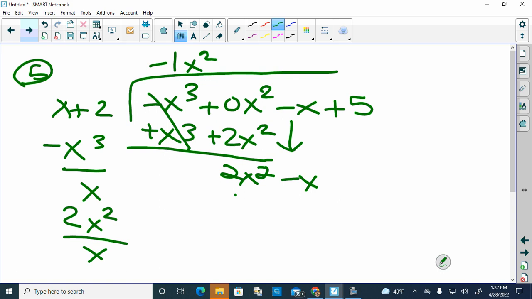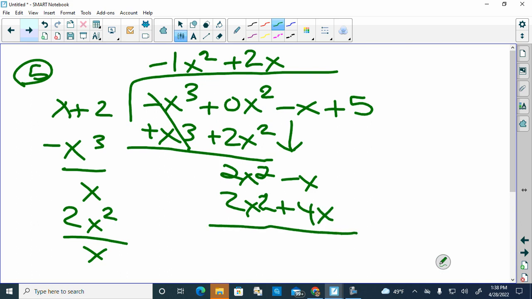So 2 divided by 1 is going to be 2. Subtract your x's, so that's an x. Distribute it back. So 2 times 2 would make it 4x. But then you have to what? Change sign. Switch. That goes away. I have a negative 1x and a negative 4x. So that'd be a negative 5x.